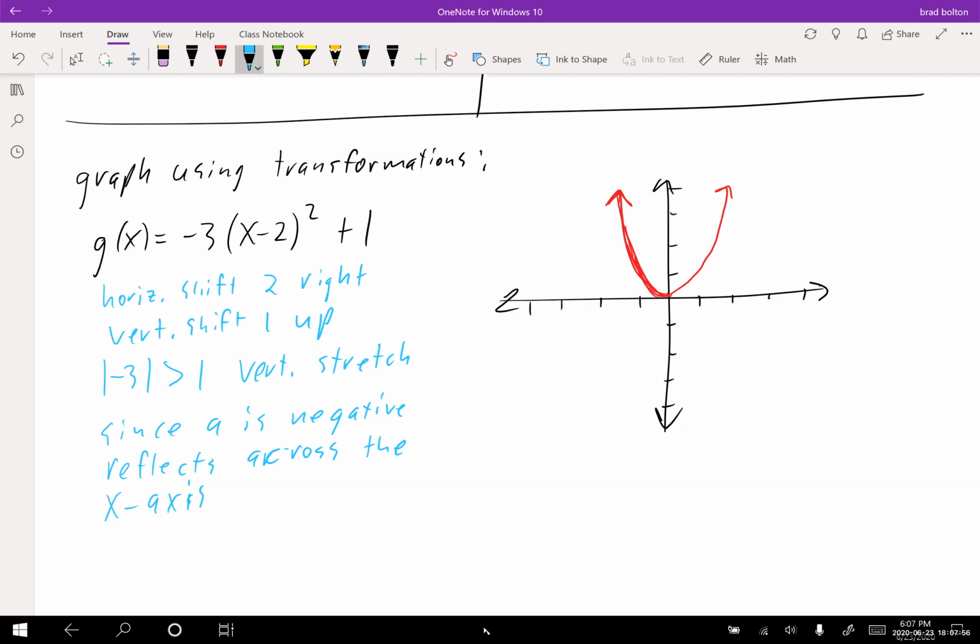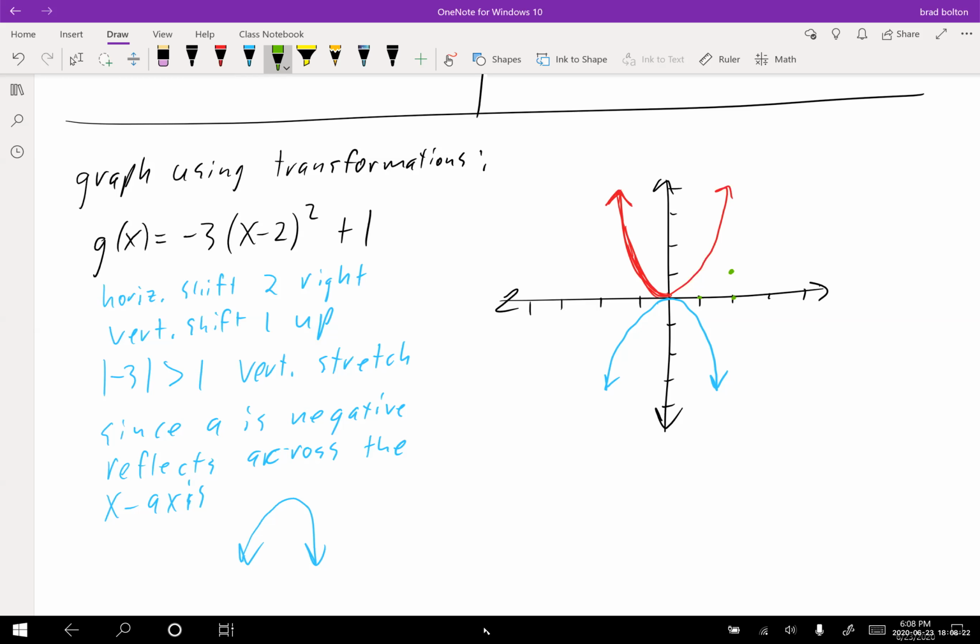Right, so basically it's the downward facing parabola, so we're going to get something like this. So let's reflect it first, okay? It's going to be this guy like this, right? But now we have to move this guy around. So now I'm going to move that to the right 2, 1, 2, and then I'm going to move it up 1.